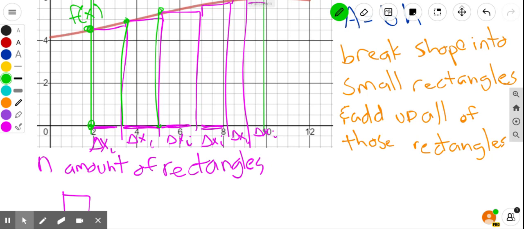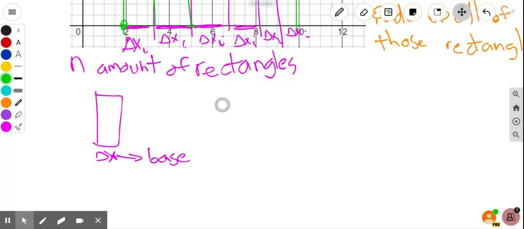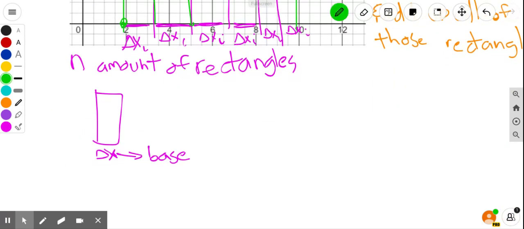All right? So if I imagine that I'm taking this shape and I'm subdividing it into who knows how many rectangles, right? The height will be dependent on the actual x value that I give in. So f of x plus that delta x, right?